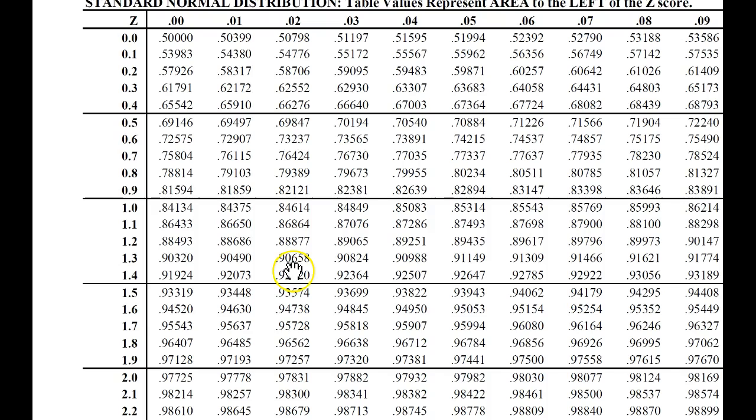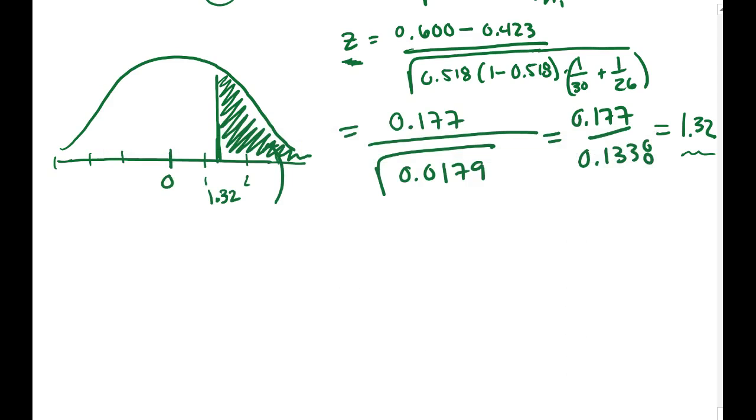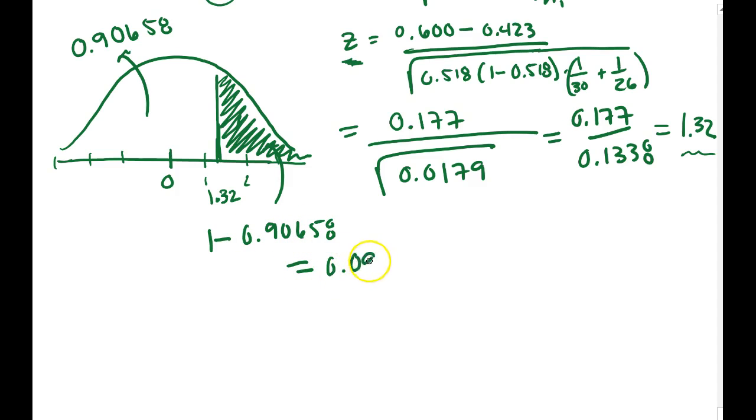This is not the p-value yet, because this is the area that falls below our test statistic. We're interested in the upper value, so this is just 1 minus what we get from the lower, which is equal to 0.09342. So that's that area. This is our p-value.